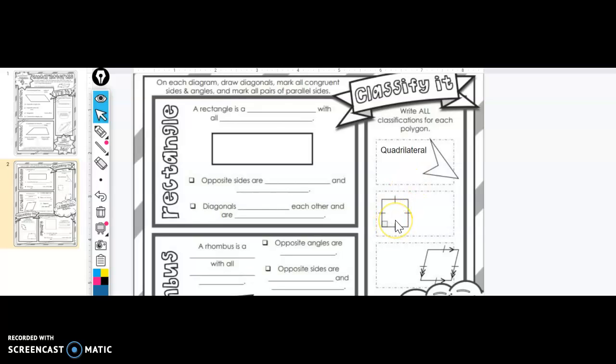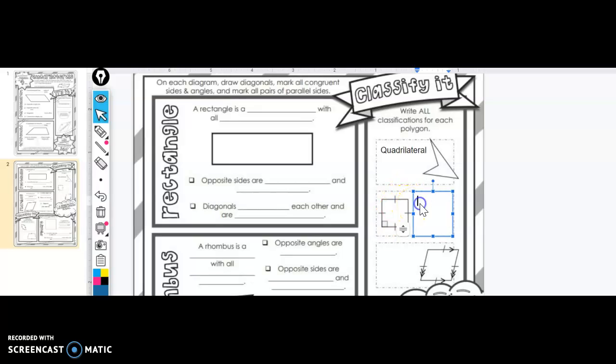Now the next one, I see I have four equal sides. Okay, so those single tick marks indicate four equal sides, and I have the right angle symbol in the corner. Okay, well to me that tells me it's a square. So a square for sure.